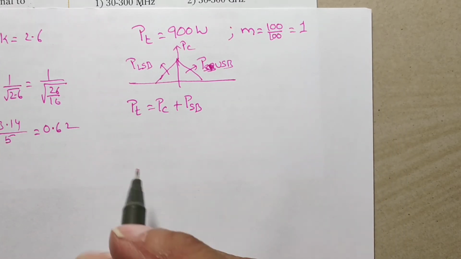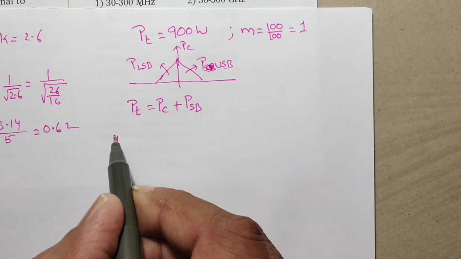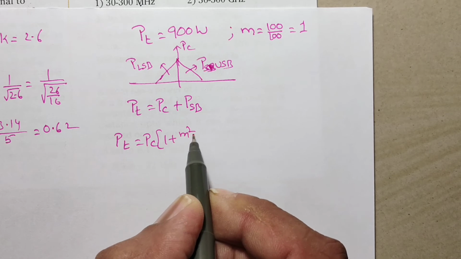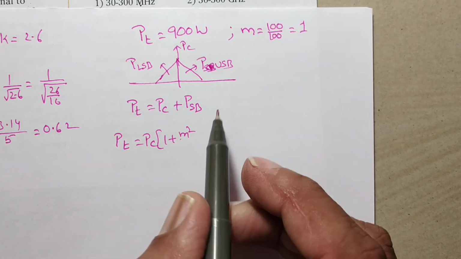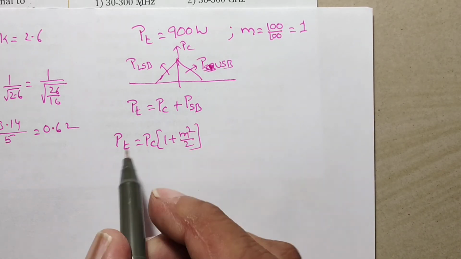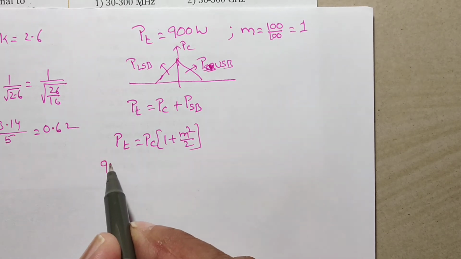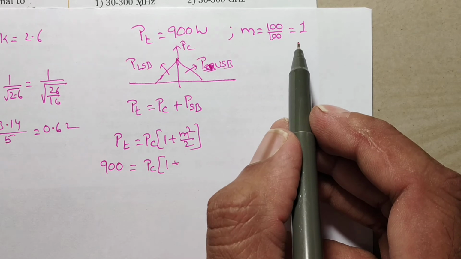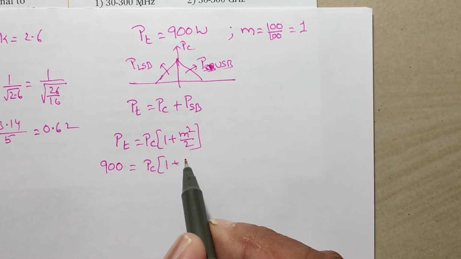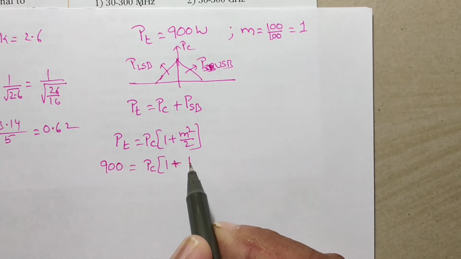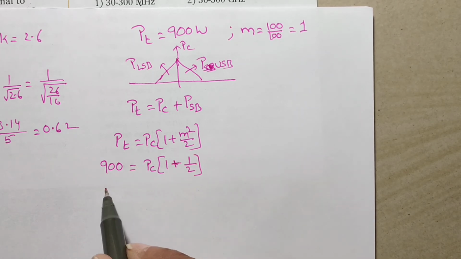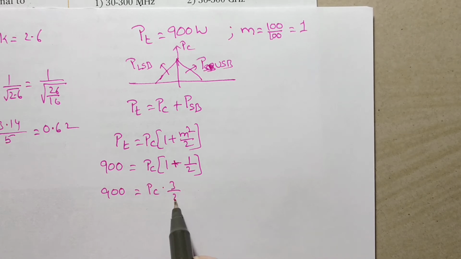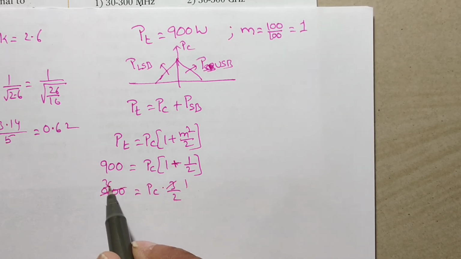Look here. PT is equal to PC into 1 plus m square by 2. PT they are giving is 900, total power is 900, equal to PC into 1 plus m value is 1, that means 1 square by 2, which is 1 by 2. 900 is equal to PC into 3 by 2. 3 ones, 3 hundreds.